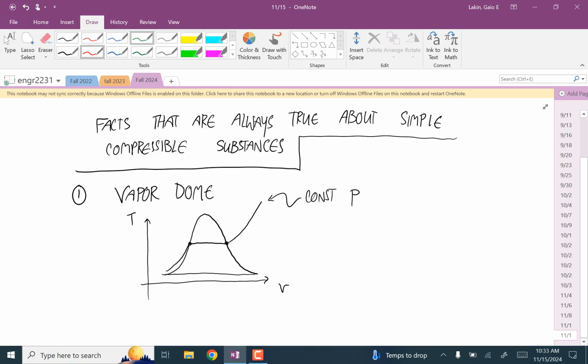Over on the left side, you have compressed liquid. On the right side, you have superheated vapor. And inside the vapor dome, you have a mix. The point at the top is called the critical point.